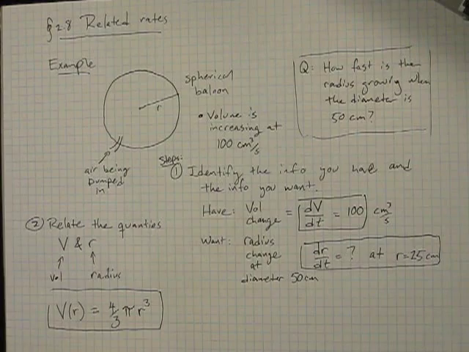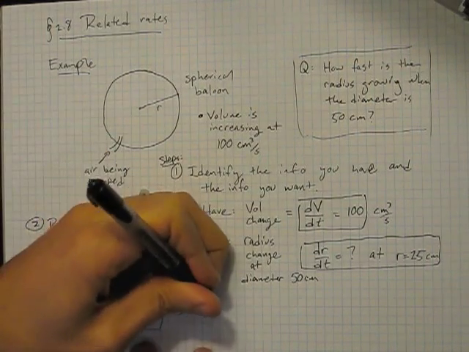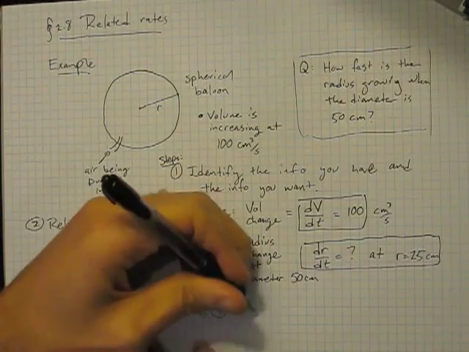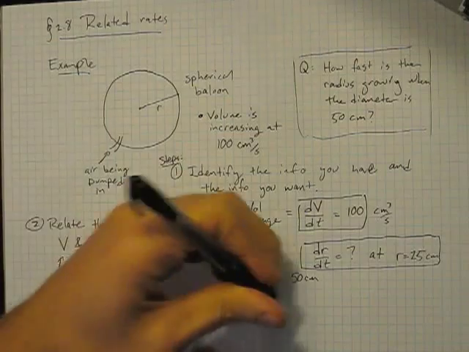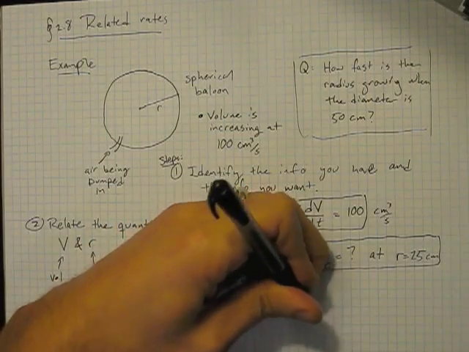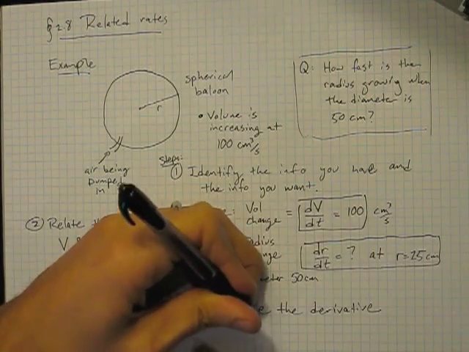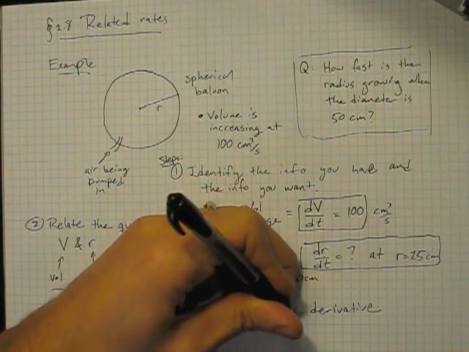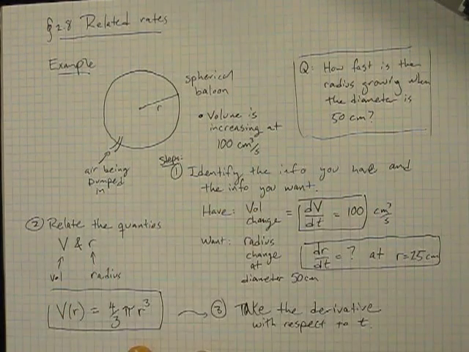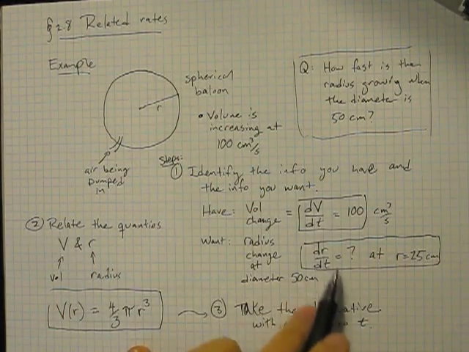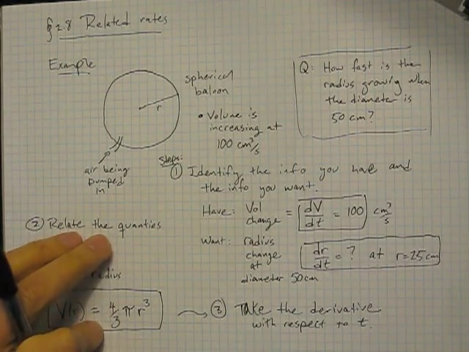The next step is that we are going to take the derivative of this equation with respect to t, because in the end, we're looking for a derivative that's based on how time is changing.